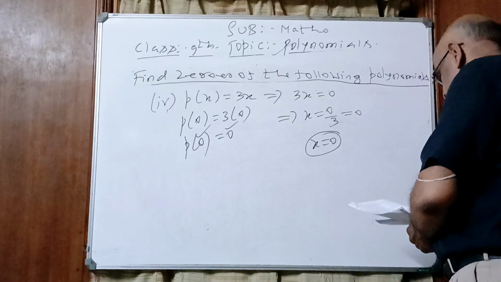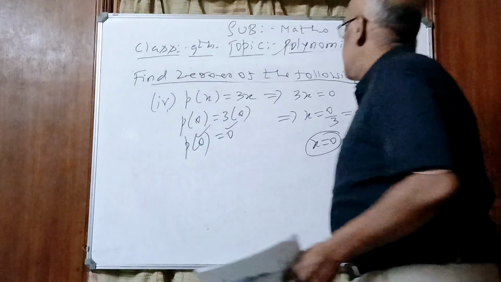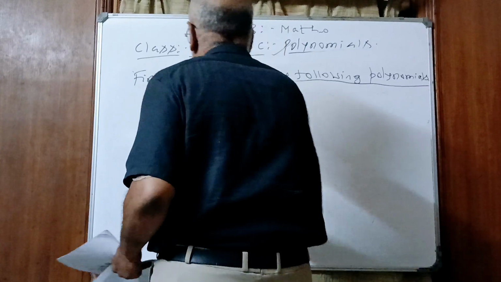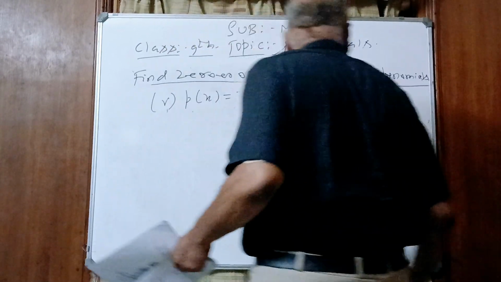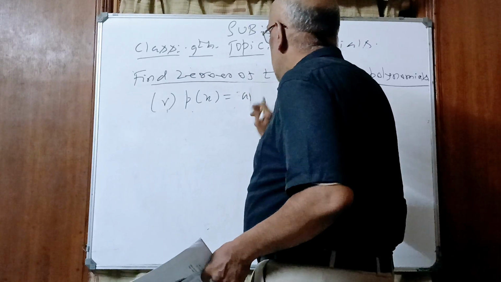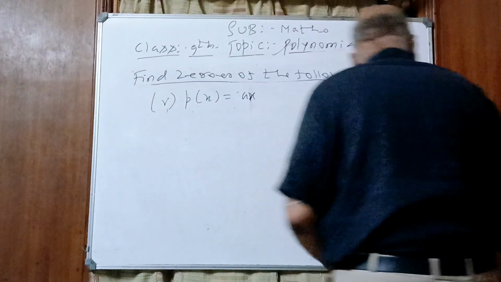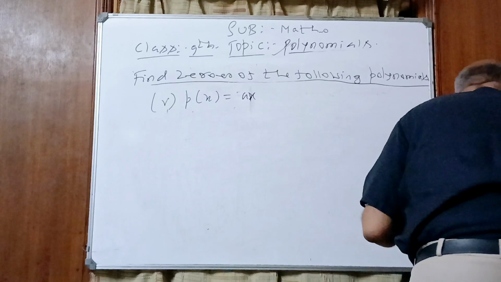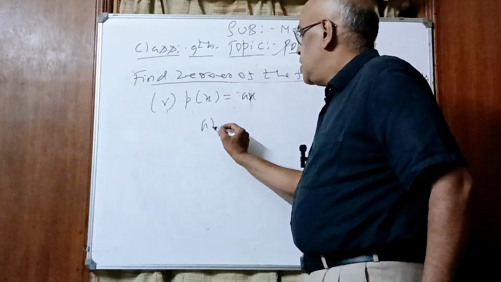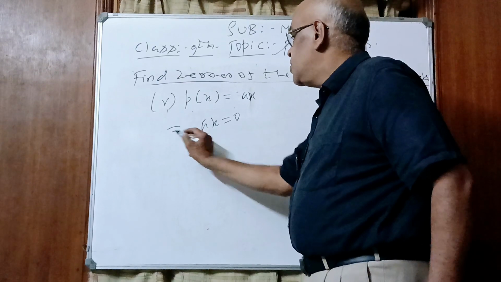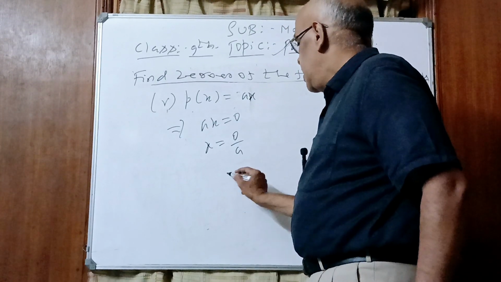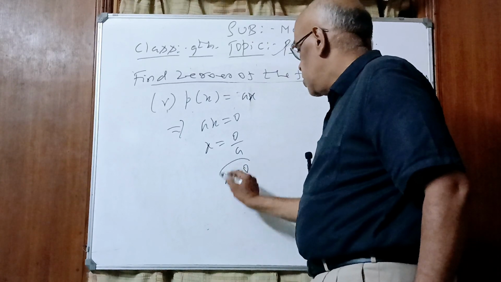Next question, children. Fifth question. P of x is equal to ax. What do you have to do? Equate ax to 0. Same concept, children. Then what is the x value? 0 by a. x is equal to 0.